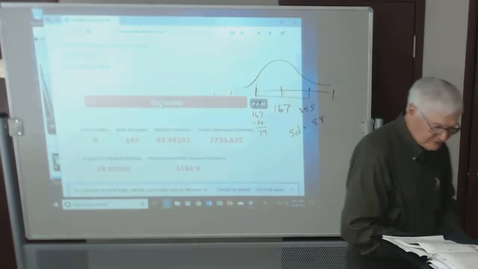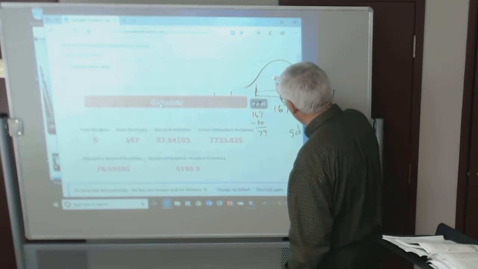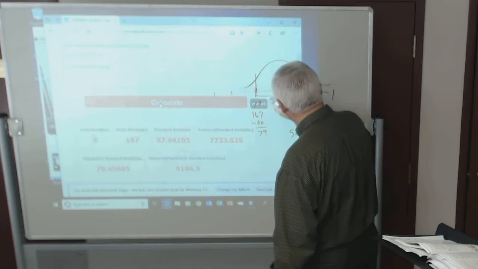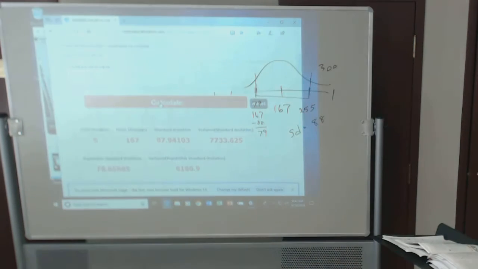So how many scores are between those two? How many prices for hotels? What were my numbers? 110, 300. So 110 is in here. But 300 is out here. What's the other one? 215 is in there, isn't it? Yep.